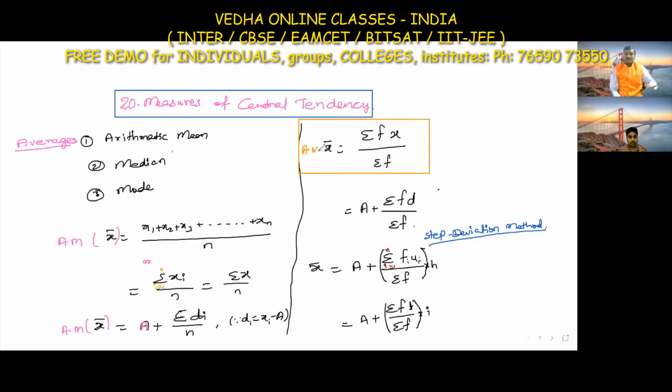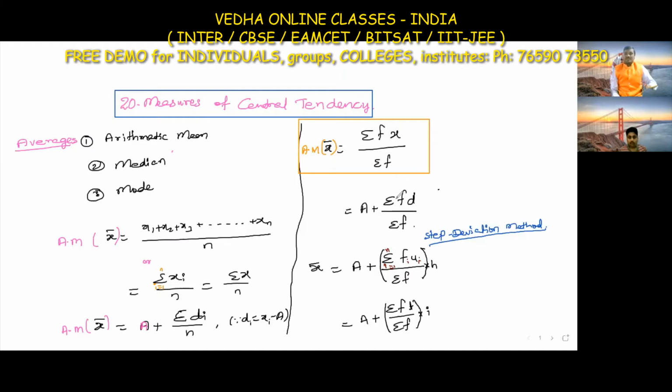That is sigma f into x divided by sigma f. We divide by the total frequencies, and the numerator is the total of values for each frequency and corresponding x values.